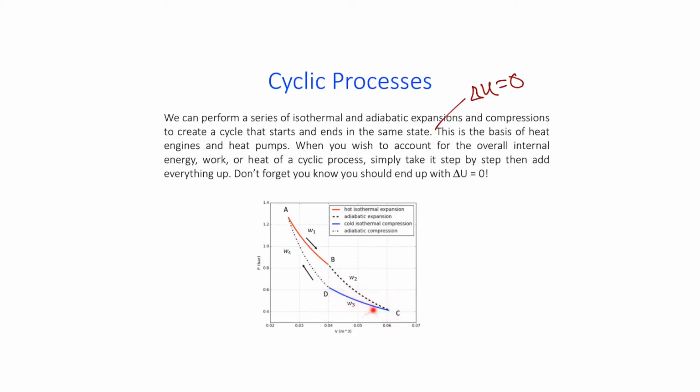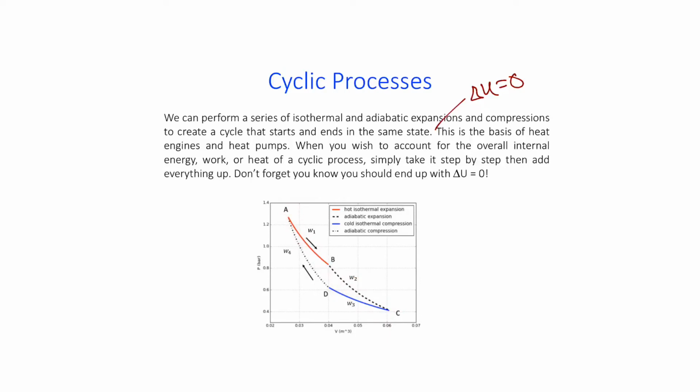Our third leg is a cold isothermal compression. So again, volume's getting smaller, we're compressing, and then we finish it off with another adiabatic compression. Okay, so on the right-hand side here, these are both expansions, and going on the left-hand side back up, those are both compressions.